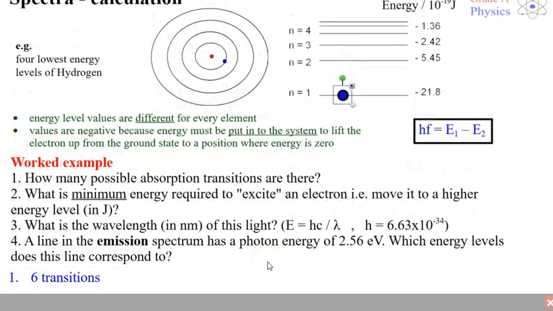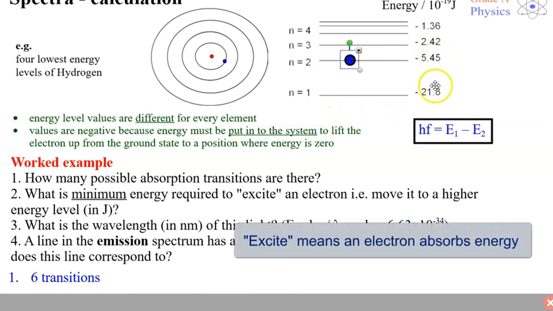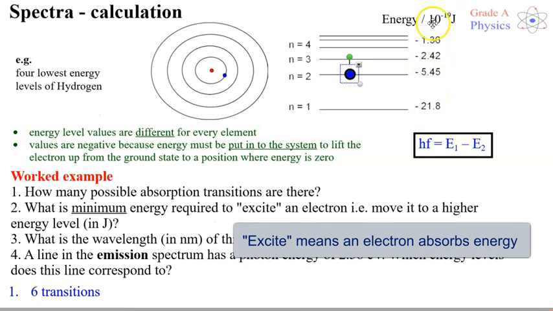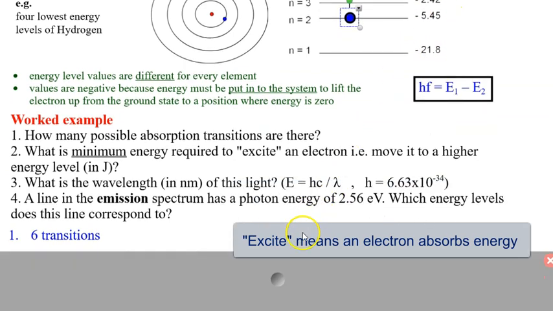Question 2 says, what is the minimum energy needed to excite an electron? So we always assume that the electron starts in its lowest state, n equals 1, referred to as the ground state. So the minimum energy to excite it, that means to give it more energy, would be to make it jump between 1 and 2. So we need to look at the difference between these two values. As we said before, if you don't like the negative sign, just ignore those, but we do need to take into account the 10^-19.